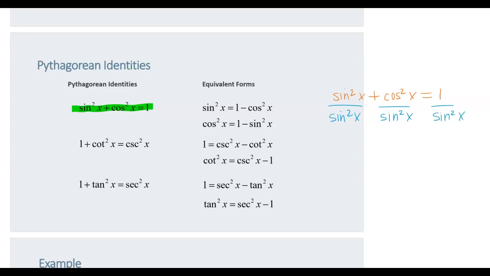Sine squared over sine squared is just 1. Cosine over sine is cotangent, but these are squared, so this will be cotangent squared. And then 1 over the sine is the cosecant. So dividing everything by sine squared, I get the second identity.